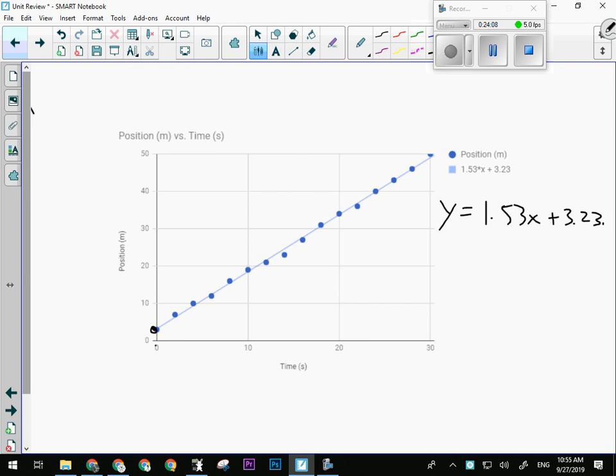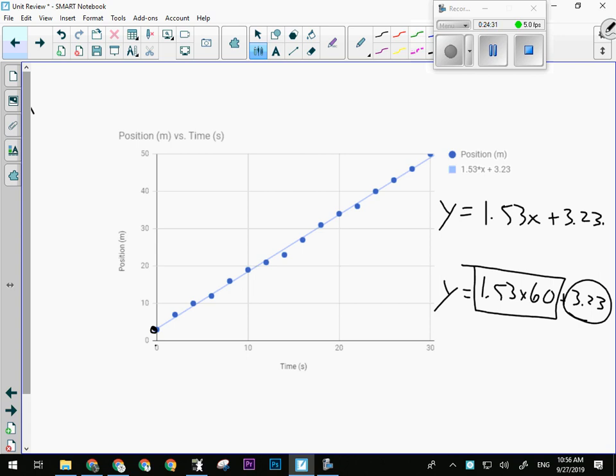How long is 1 minute? 60 seconds. Seconds are y or x values here? X. So I will go y equals 1.53 times 60 seconds plus 3.23. So basically, here's v times t plus my initial position. That will tell me where my final position is.